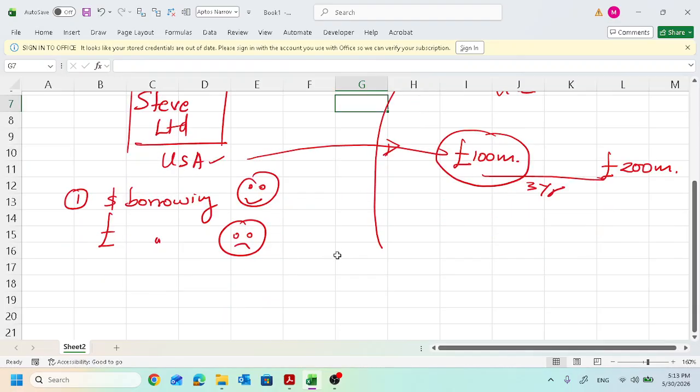Point number two. Today you are investing 100 million and after 3 years you are getting 200 million. When you get this 200 million, if the exchange rates have moved unfavorably after 3 years, you may not be able to enjoy the full benefit. Basic example: imagine today it's $1.25 per pound. So 100 million pounds means you're going to invest $125 million.